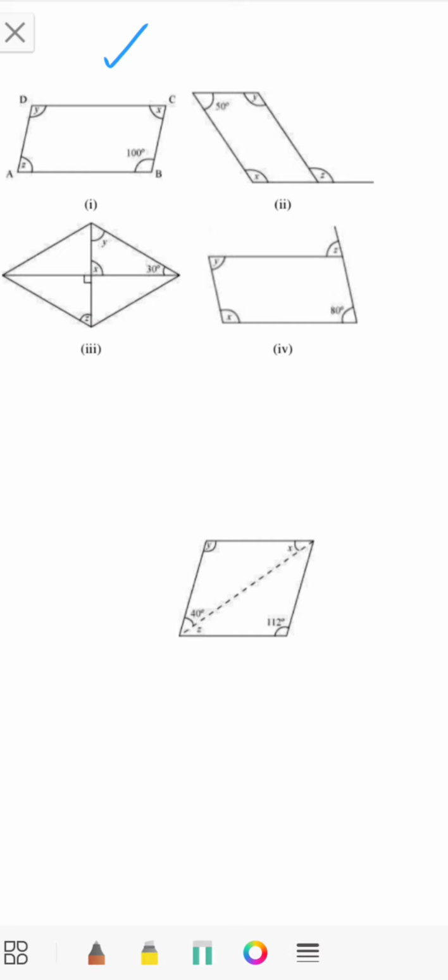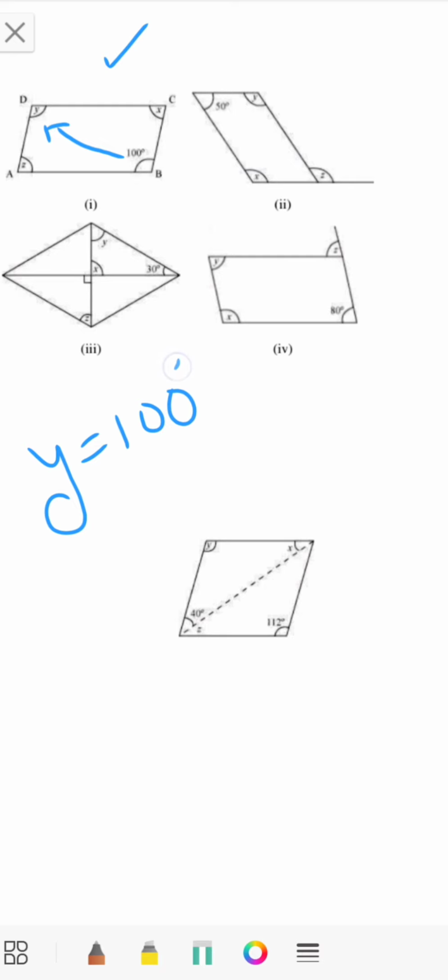So what is the property related to angles? Opposite angles are equal. Here you can see this is 100, so exactly opposite to this is y. So you will get the value of y, that is 100 degrees.